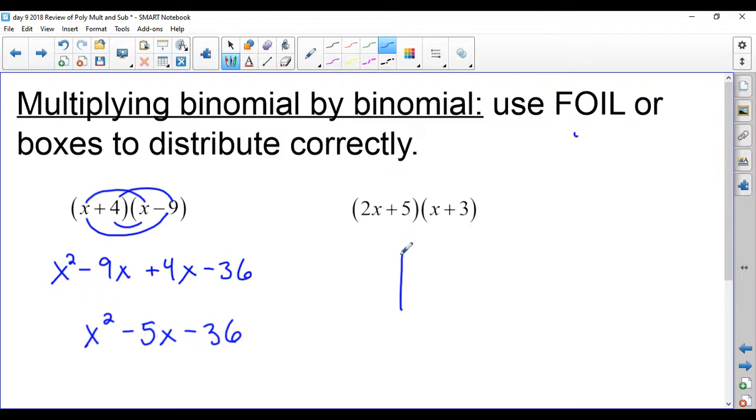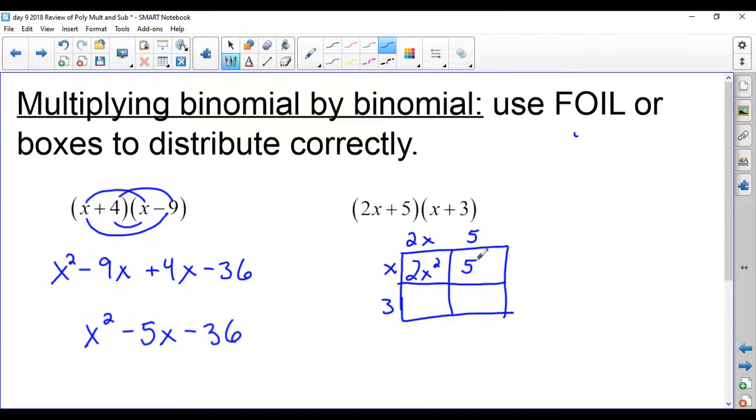You can also choose to use boxes, which does the same thing, just in a different look, where you put one binomial, 2x plus 5 in one direction, and the other in the other direction, and it does not matter which one goes across and which one goes up and down. And then you multiply into each box. X times 2x is 2x squared.